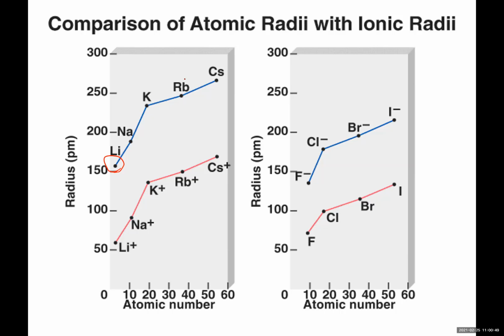And we already said this: as you go down a column, atoms are getting larger. Now, look at the size of the lithium ion relative to the lithium atom. Do you see lithium ion is much smaller? How much? Maybe 53 picometer, and the atom is 150. The atom is reduced to 1/3 of its size when it becomes an ion.